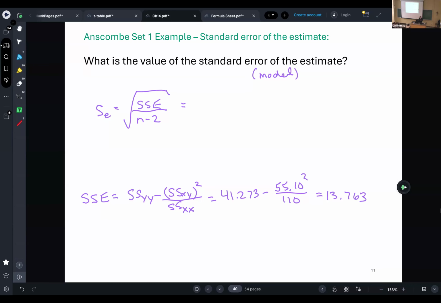You need to put brackets there with your calculator.